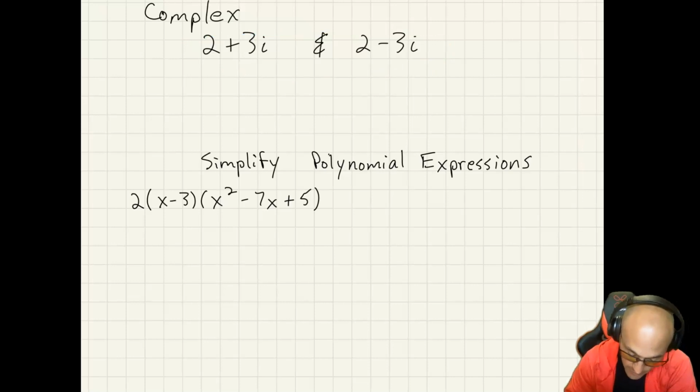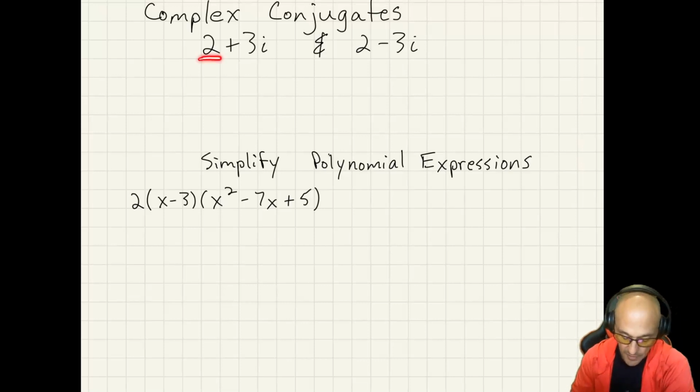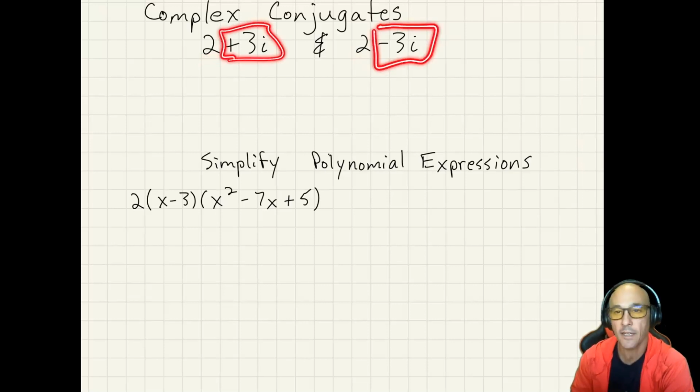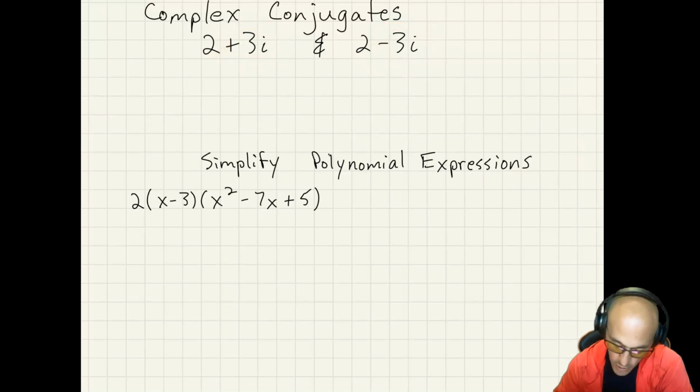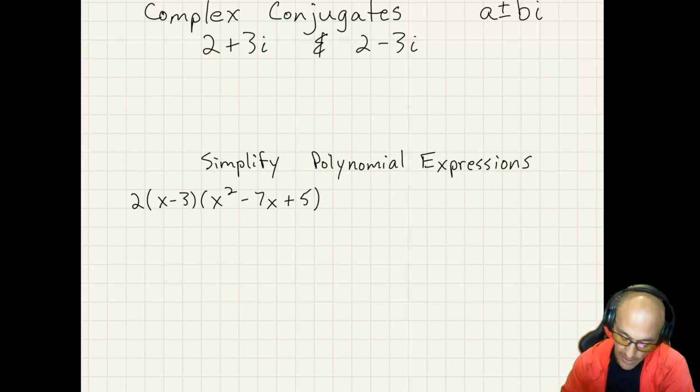They're complex numbers. That's what makes them complex conjugates. And the thing that makes them conjugates is that they have the same real part, and their imaginary parts are just different by a sign. One's positive, one's negative. The way that we often show complex conjugates is a plus or minus bi.